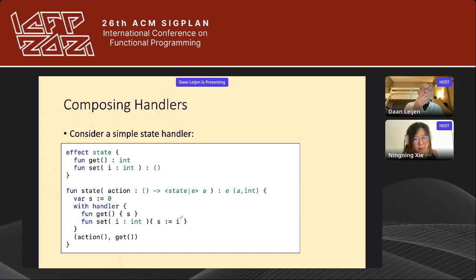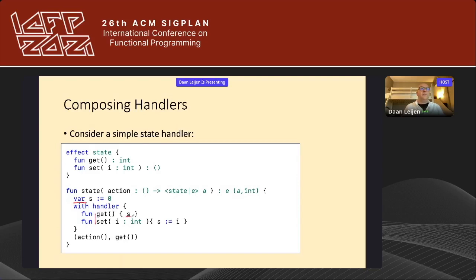Right? Yeah. Okay, so I wanted to show one more thing: why are people so happy about effect handlers? Well, one thing is that they compose freely because they're basically like free monads. And here's an example of that. So here's a simple state handler. You can get and set, and again, I use this mutable variable here.